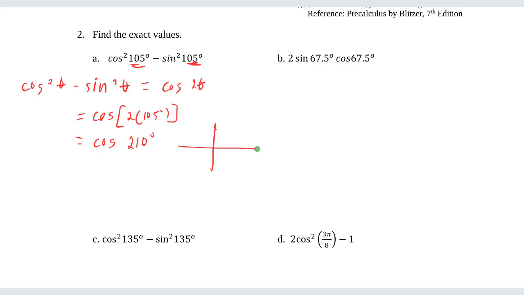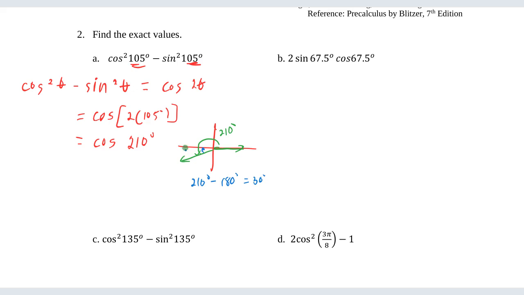The angle 210 degrees would be in quadrant 3, and we know that the reference angle would be 210 degrees minus 180 degrees. So that gives us 30 degrees.